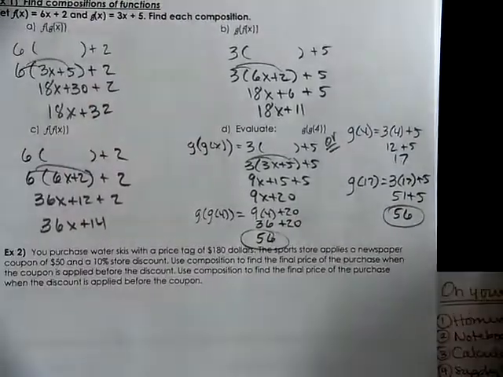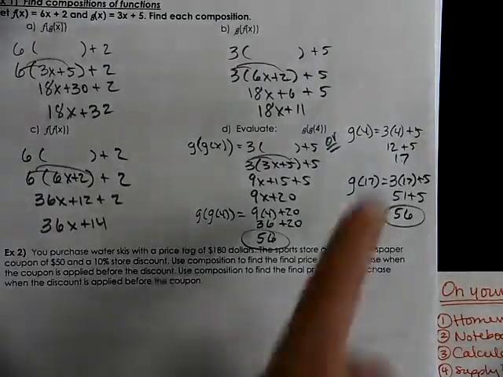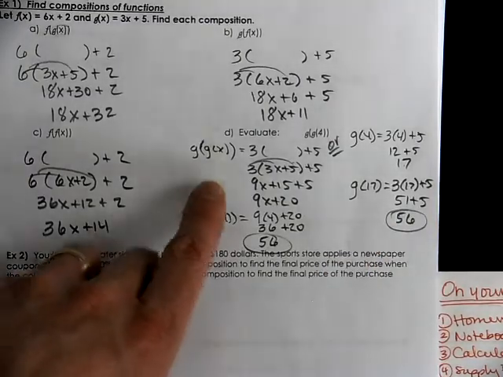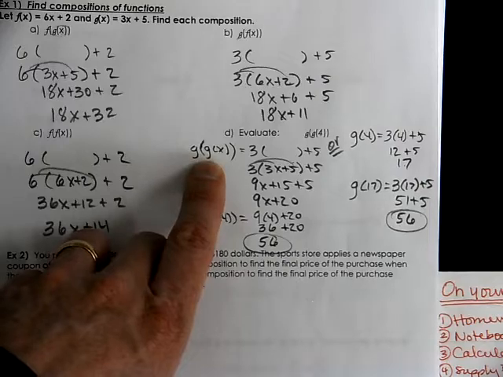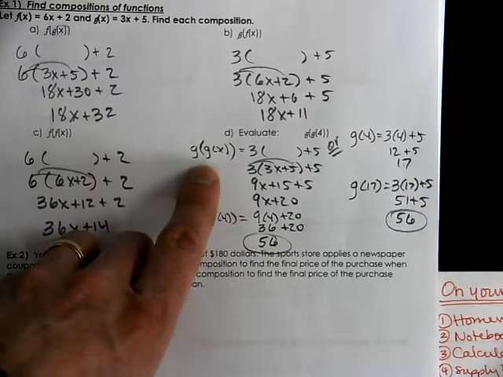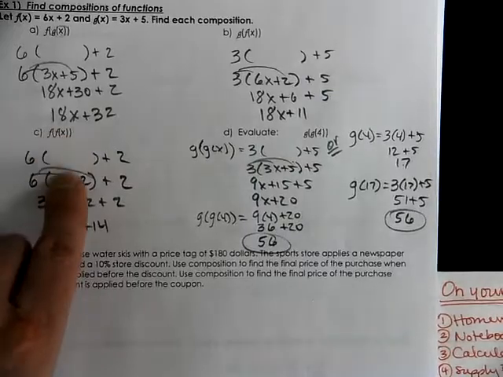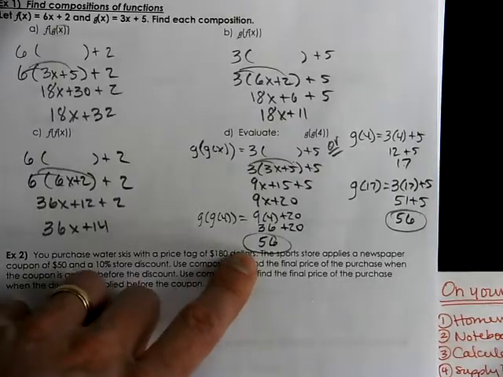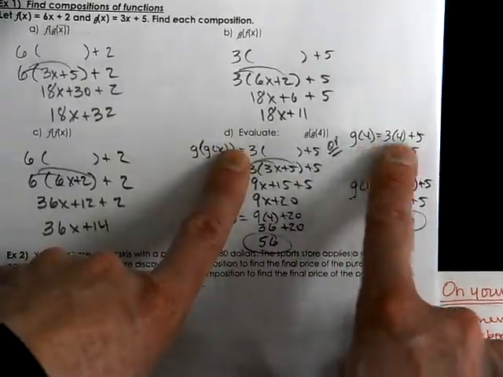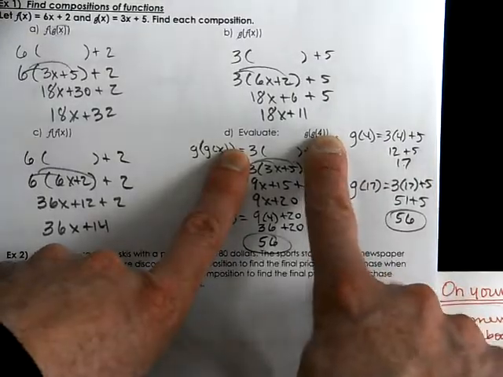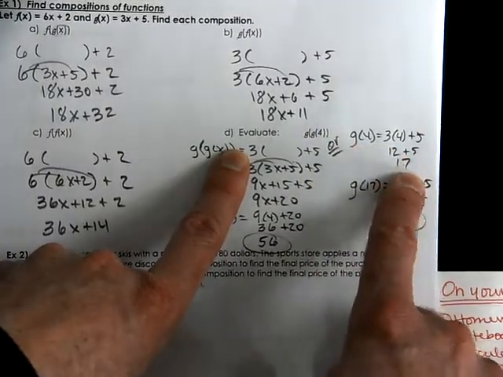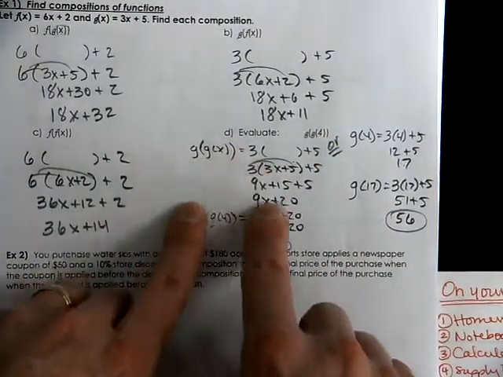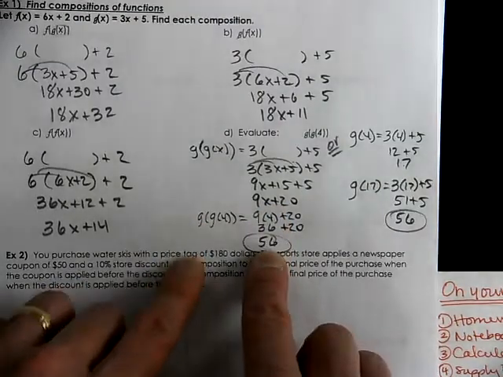It's the same result. Either method works. You probably like this. This seems a little bit smoother to me. But either method works. Sometimes in previous problems, we've already calculated what g of g of x is. Like here, we could take it from a previous problem and then plug your numbers in. That could be faster. But if you have to do it from scratch, you're welcome to figure out the g of 4 and then plug that result back into the g function, or figure out g of g of x and then plug the 4 into that.